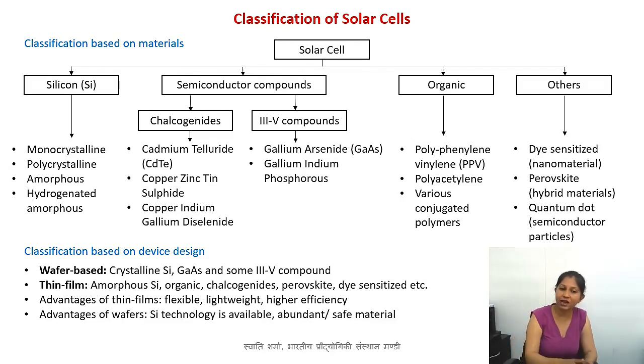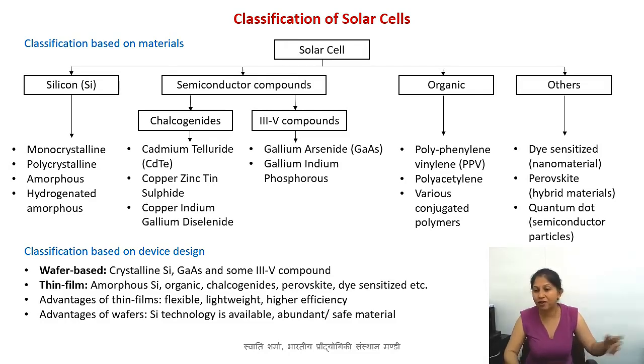Okay, but on the other hand, when it comes to wafer-based technology, in fact, when it comes to silicon technology, there is one big advantage. For the semiconductor industry, a lot of technology was already developed for silicon. For example, even the growth of a single crystal silicon. This technology was already there and it has been there for the past several years for the purpose of semiconductor device fabrication, IC chips fabrication.